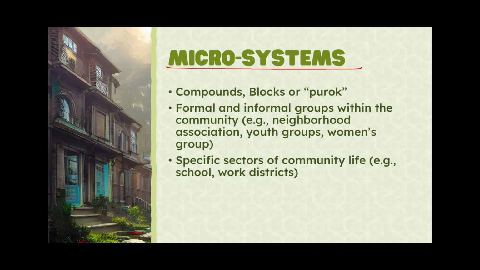But of course, you have different issues in the land area, like for example, obstructions because of the presence of those in stilts and so many other things, right? And this can be formal or informal groups in the community. Like for example, you have the neighborhood association, and then you have the youth groups, the women's groups, the senior groups.